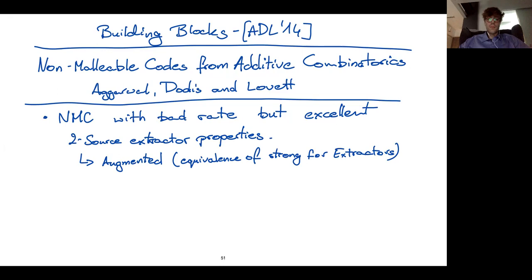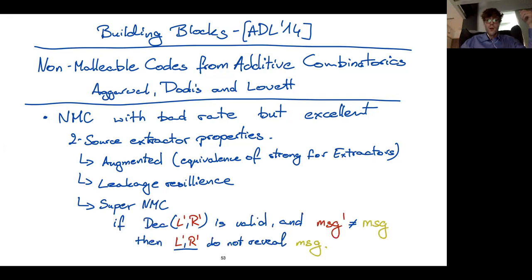That's augmented. It has excellent leakage resilience properties because the outer layer of ADL is just inner product. So that inherits the leakage resilient properties of the inner product. And then it's also super. What's super?